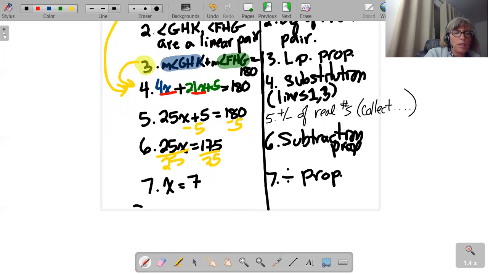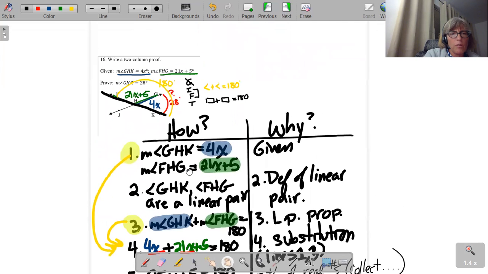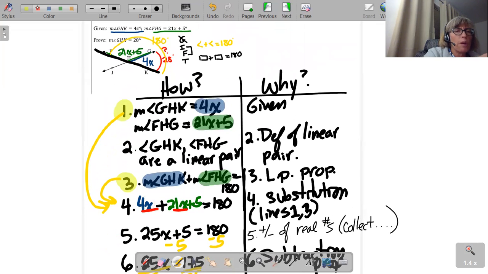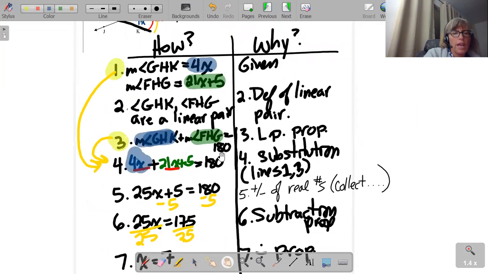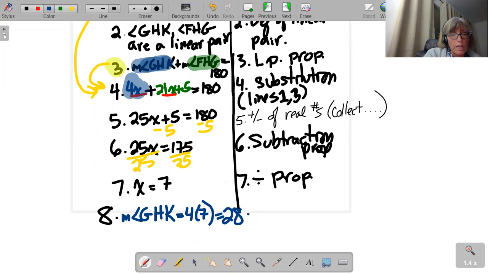And last but not least, we're going for GHK. So back up here, GHK is this blue, which is 4 times x. We come all the way down here, and the measure of angle GHK equals 4 times 7, which is 28, which is what we're trying to do.